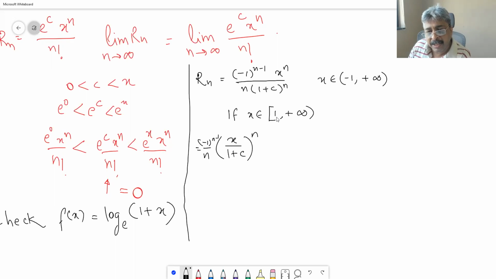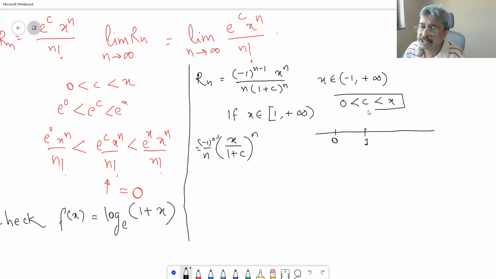So if x is greater than 1, so this is the picture now, this is 0, this is 1, and you are considering values of x greater than 1, but c can be between, how is c? 0 is less than c is less than x. That is the condition on c. Therefore c can be between 0 to 1. When x is greater than 1, that means this ratio x upon 1 plus c can become greater than 1.